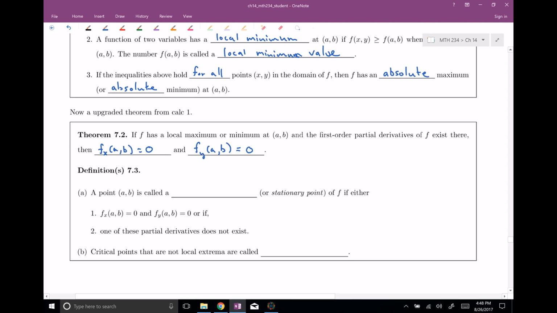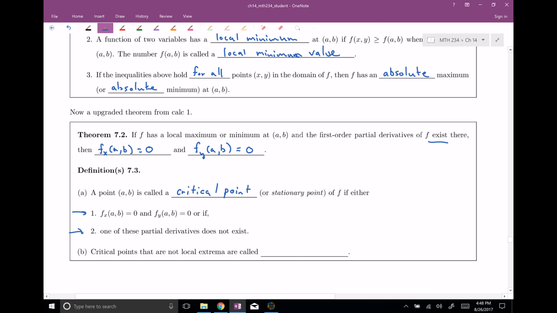So we're going to say a point (a, b) is called a critical point, or in some books, a stationary point of f, if both of the first partial derivatives with respect to x and with respect to y are 0. Or, notice one of the conditions up here was that the first order partial derivatives exist. So you may have a situation where the derivative doesn't exist.